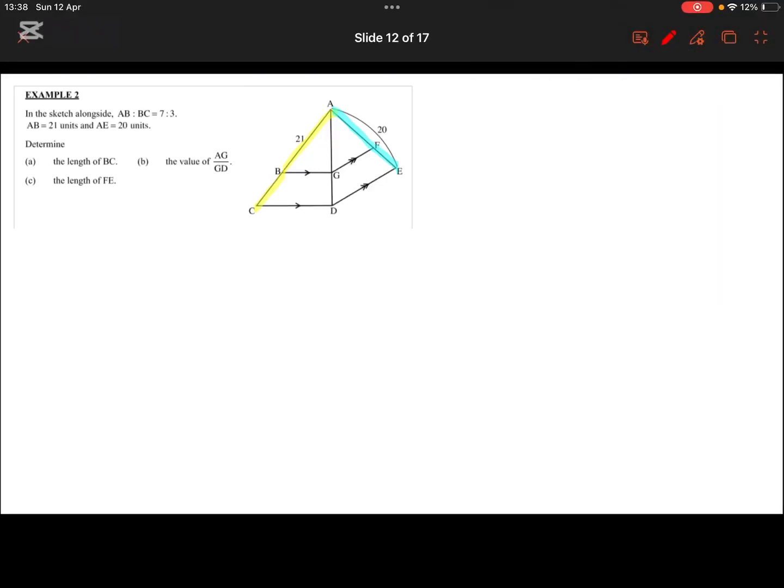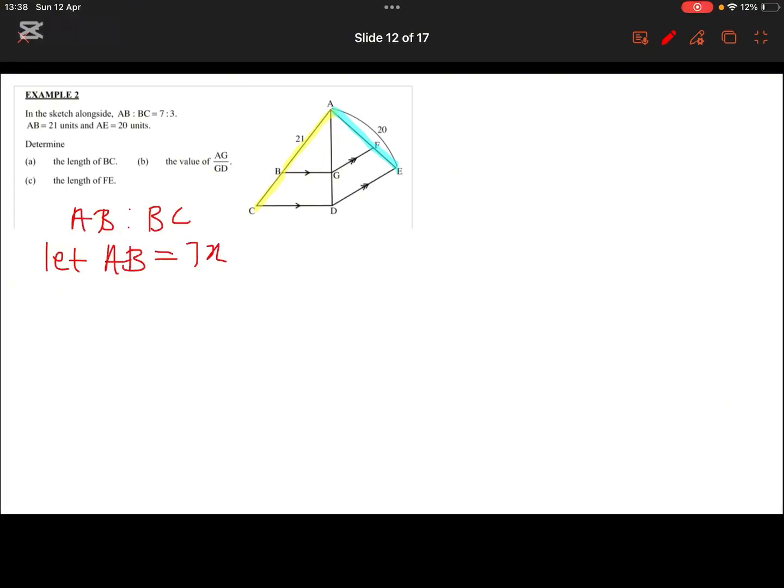So now, what we know is that for BC, we only have the ratio. What do we mean by ratio? We have AB is to BC. Let AB be equal to 7x, because we're given it in the form of a ratio and we don't know the actual distance.